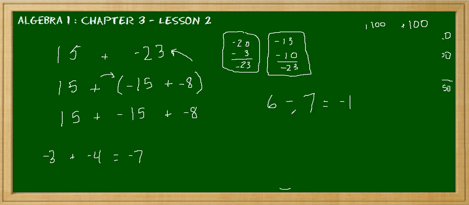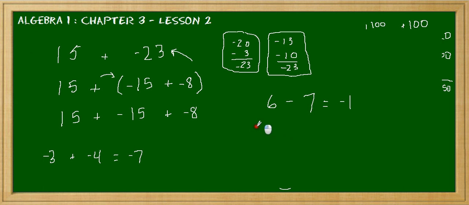We're learning this with integers, and you may have learned it already, but we're really going to get deeper and deeper into this, because this is going to carry over throughout your entire math life, okay, into your next subjects of geometry and algebra 2 and beyond if you decide to study further. So we know that 6 minus 7 is equal to negative 1.